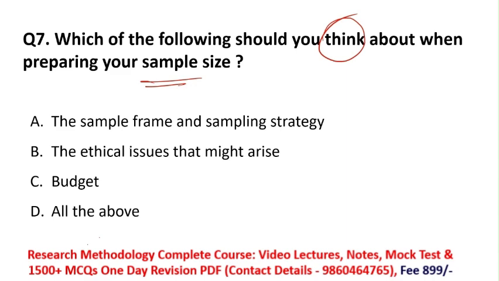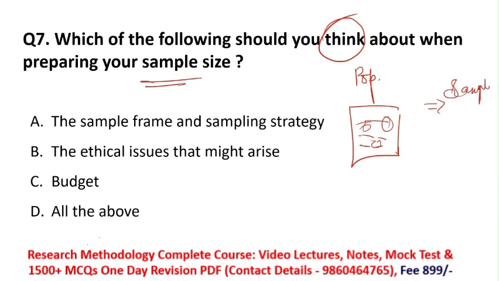You have a population. Researchers generally don't perform research on the whole population. Researchers select some members from the population, which become their samples. If I am a researcher selecting my samples from the population, what should I think about?